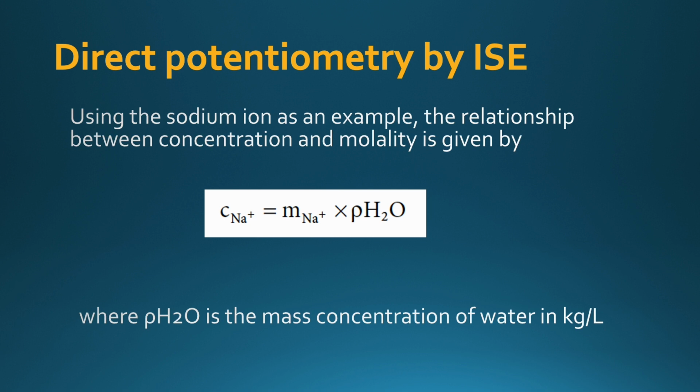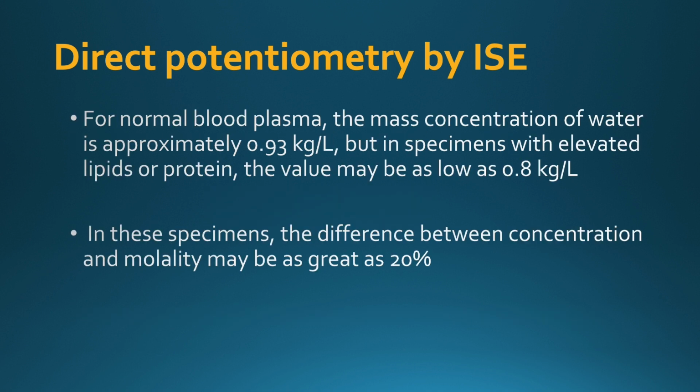The mass concentration of water is in kilogram per liter, and the molality is millimole per kg. So kg will be cancelled, right? Kilogram in the numerator with the denominator, and you will end up with the concentration unit of millimole per liter. So this equation shows how the molality and the concentration are related.